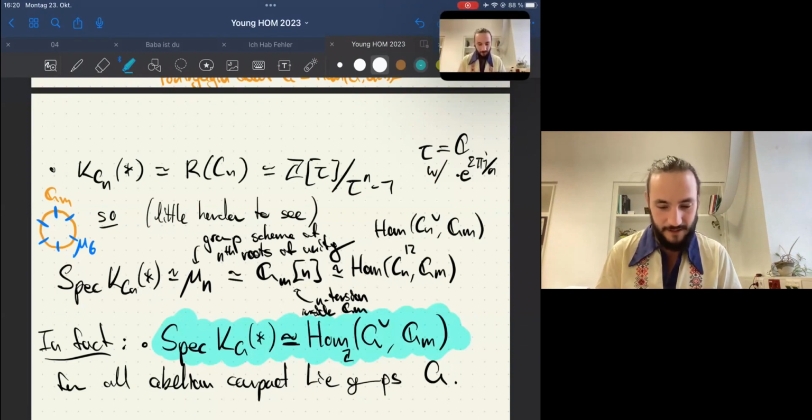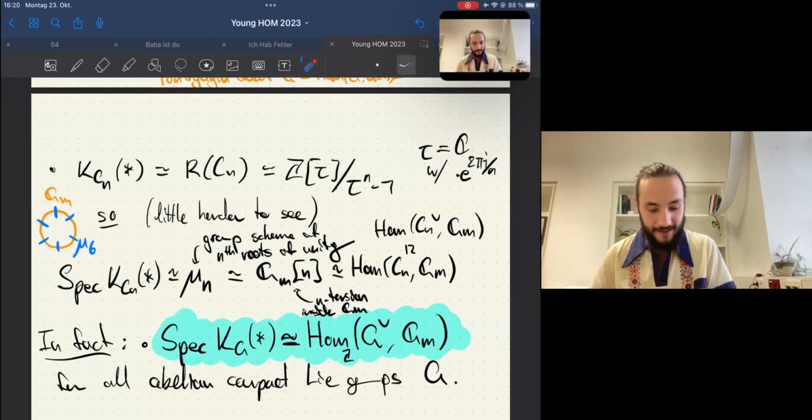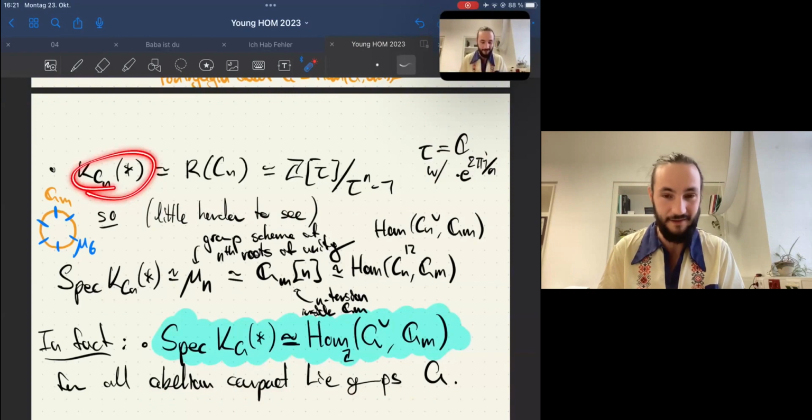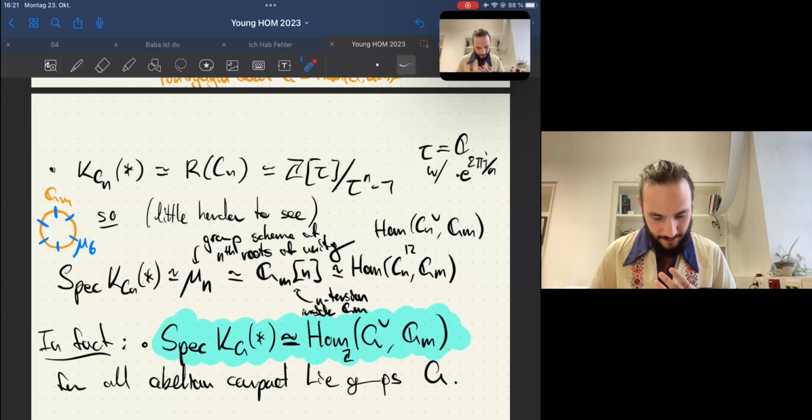And this actually holds for all abelian compact Lie groups G. In fact, proving it for all abelian compact Lie groups G is essentially boiling it down to these two cases and making sure that things behave well with respect to products and stuff like that. Okay, so that's pretty neat.